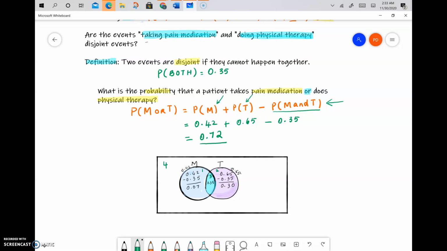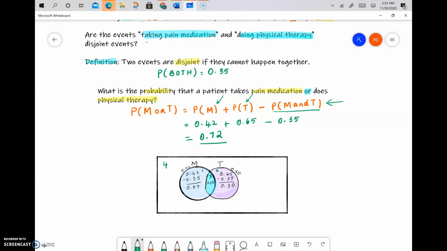The purple region, which is the region 2, represents the patients that are doing physical therapy and not taking pain medication. Notice that it excludes the overlap. So it's not medication, only physical therapy. The blue region is both medication and physical therapy, which is 35%. So we don't need to subtract anything. Probability of both is 35%.